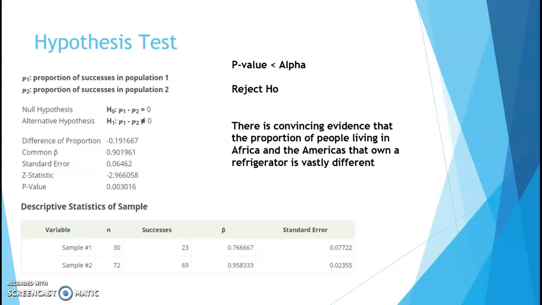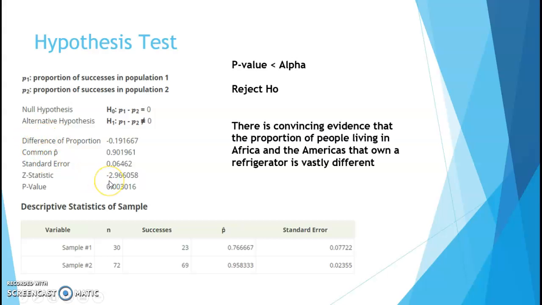Now looking at the hypothesis test, our null hypothesis H0 is p1 minus p2 equals 0. This is saying that there is no difference in the proportion of all people living in the Americas and Africa that own a refrigerator. The alternative hypothesis H1 is p1 minus p2 does not equal 0. This is saying that there is a difference in the proportion of all people living in the Americas and Africa that own a refrigerator.